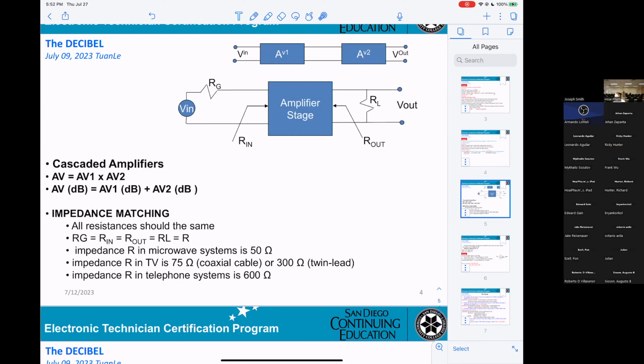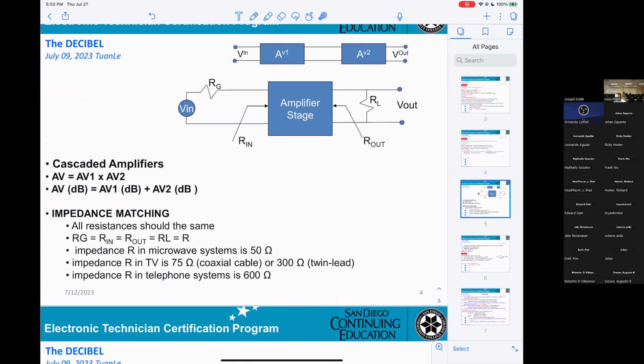That's for numerical values. However, if the gain is in dB, you cannot multiply. You have to follow AV in dB equals AV1 in dB plus AV2 in dB. Okay? That's just a formula.